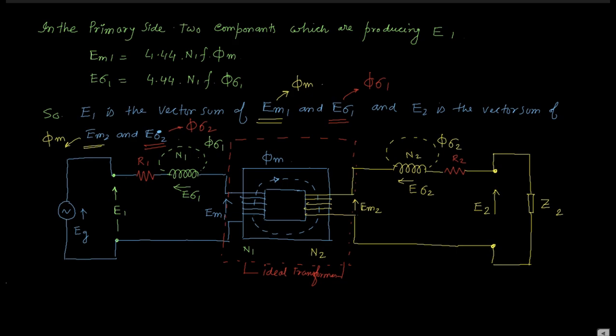Okay, so we can say that a practical transformer is nothing but the equivalent circuit of an ideal transformer as well as some non-idealities, not only the leakage reactance, there are other non-idealities associated with the transformer. Okay, so we have drawn the winding resistances and we have drawn the leakage reactance equivalent circuit.